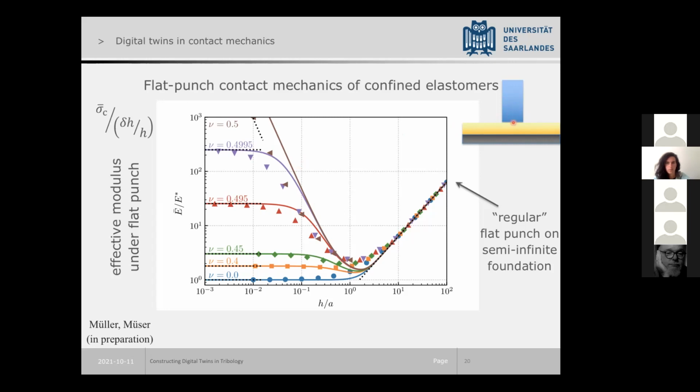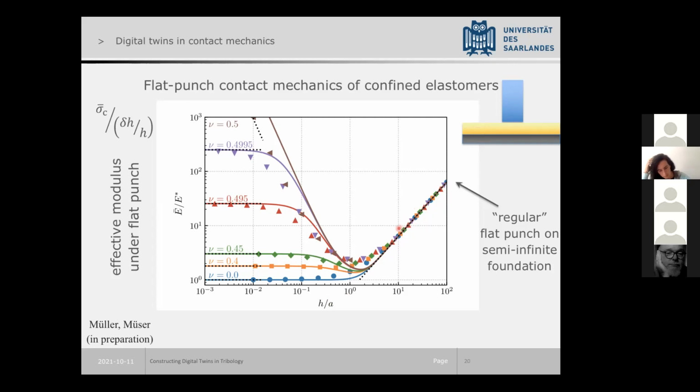If you plot the effective modulus, I mean, this has been done 20 years ago, we didn't invent this. If you plot the effective modulus of a flat punch as a function of the ratio of height over the radius, you see a scaling behavior for large film heights that you can get out of the regular flat punch solution on a semi-infinite foundation.